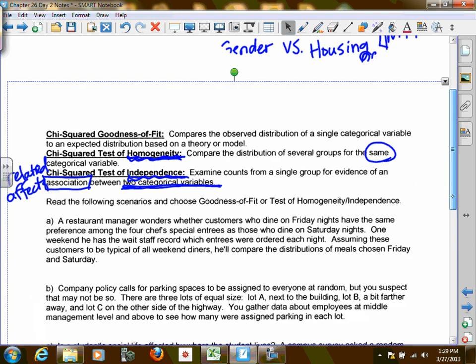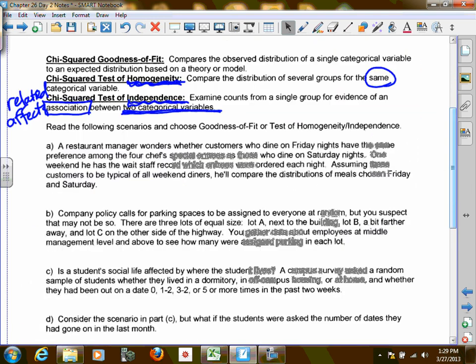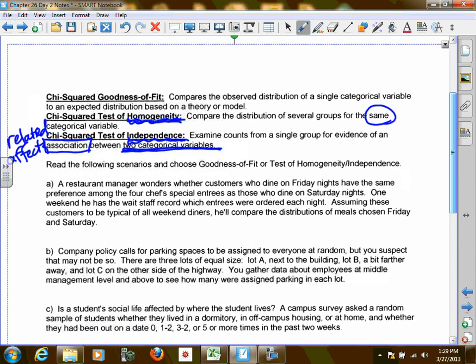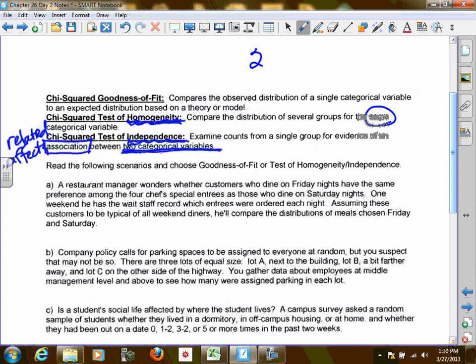I want you to work on these, and I'll give you a hint: there will be 2 problems that are actually none of these kinds of tests. Whoa, how could that happen? How could something not even qualify to be a chi-squared type of test?